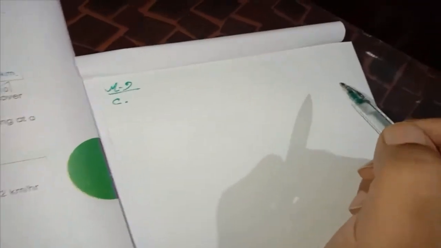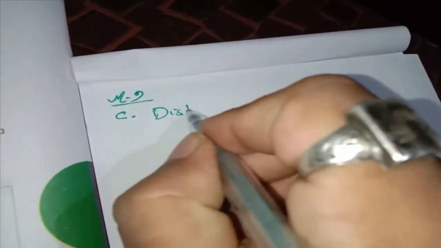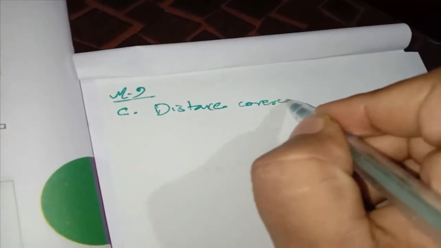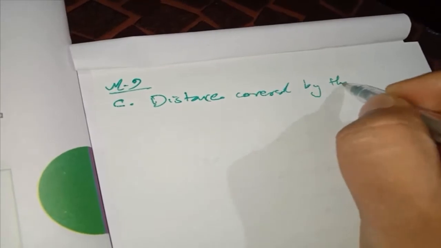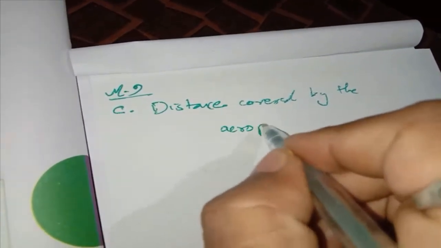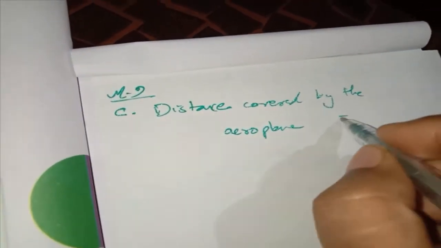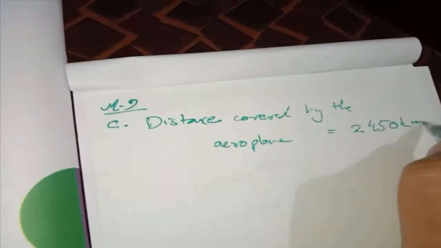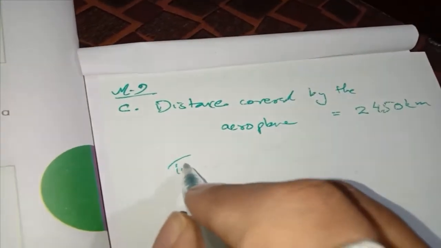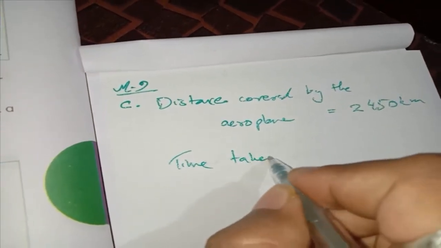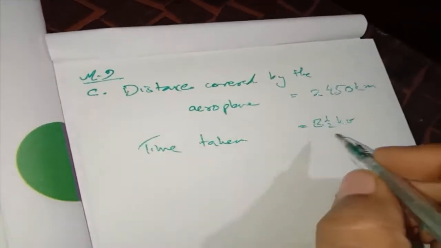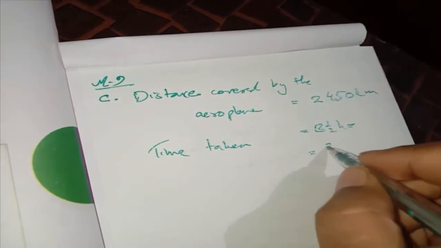So first of all, let us write down distance covered by the aeroplane equal to 2450 kilometer. Time taken is equal to 3.5 hour. In 3.5 we can write 3 to the 6, 7 by 2 hours.